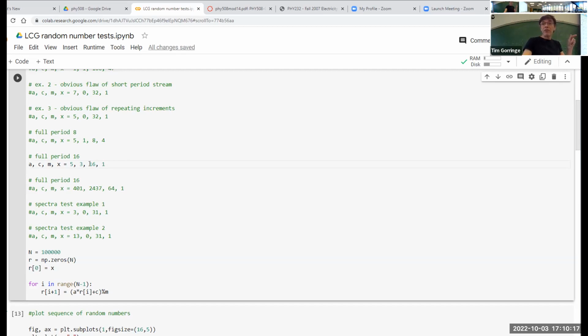So the prime factor of 16 is 2, and my c is 3. So I picked something that wasn't 1, but it doesn't have a common factor with m. And then my a, I picked that as 5 again, just because we checked that. 5 minus 1 is 4, it's divisible by 4, it's divisible by 2. So it fulfills the other conditions.